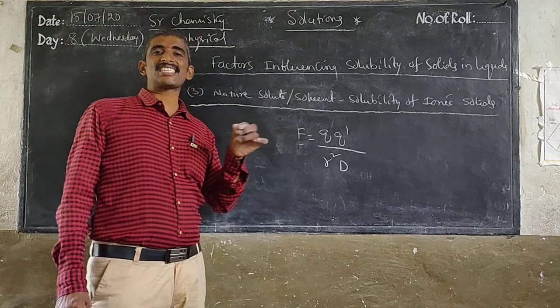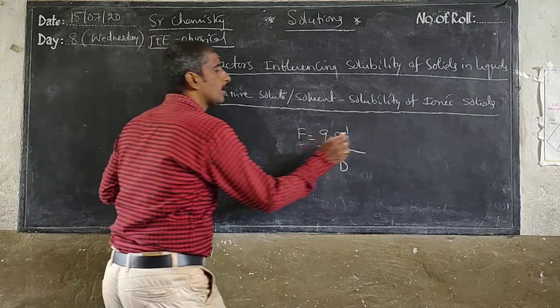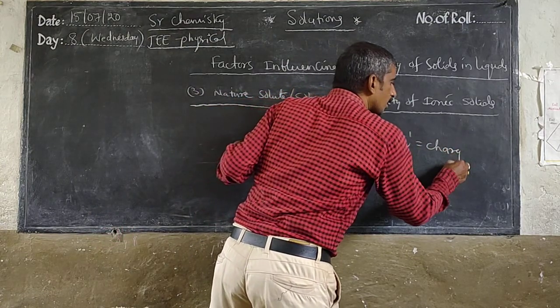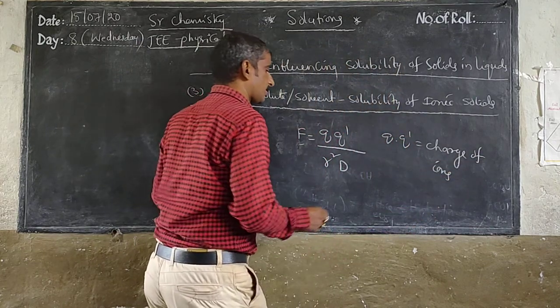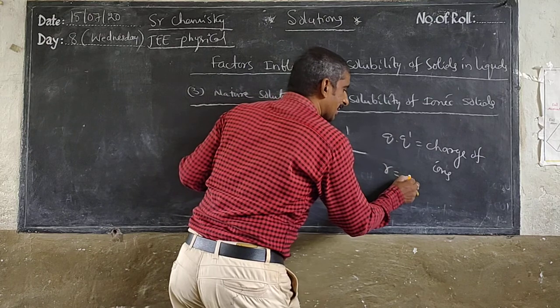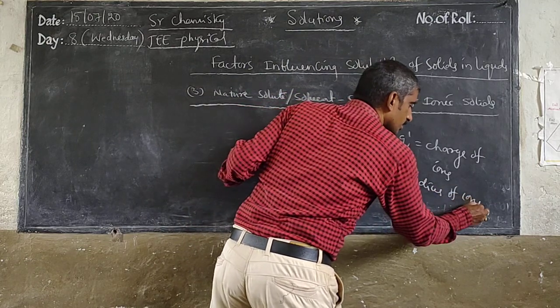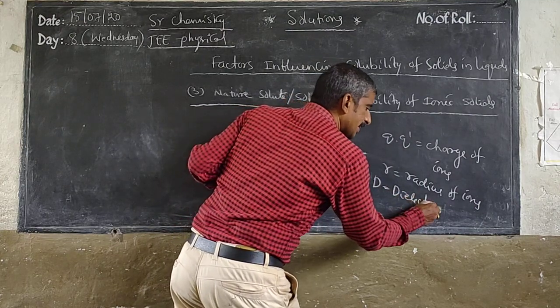Q and Q bar are the charges of ions, R means radius of ions, and D means dielectric constant.